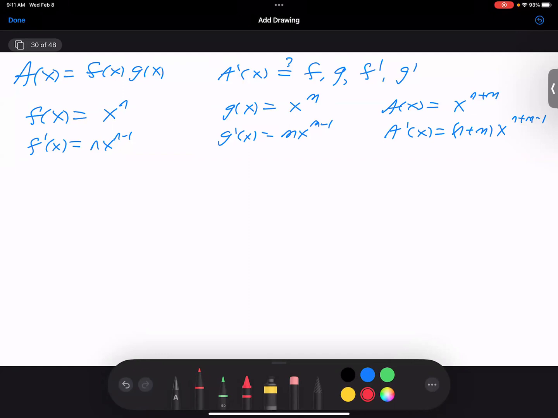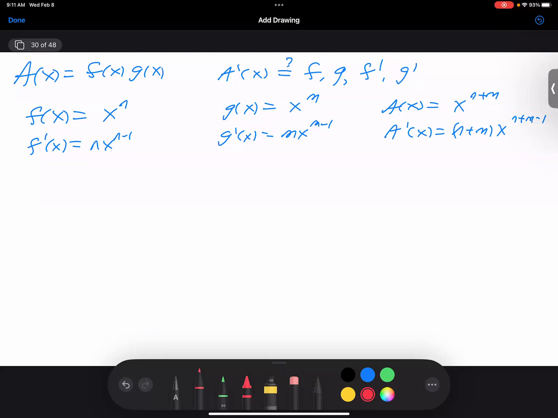So how could I get an x to the n plus m minus 1 from these inputs? And this has to work no matter what n and m I give you. Any thoughts? Yes? So you multiply the n and x, right? So which two functions do I multiply?